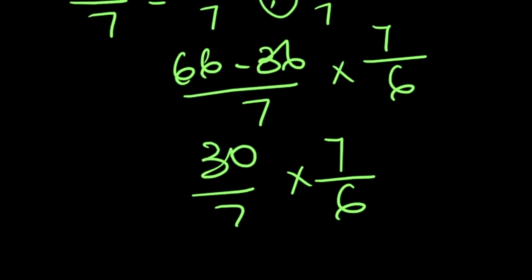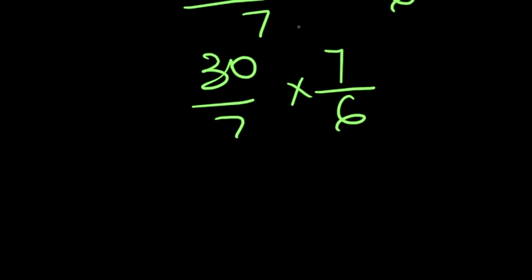Right here we have 30 multiplied by 7, that should give us 240. So on top, we have 240. Let me correct myself, please. 30 times 7 is 210 rather, not 240. So 210 over, and 7 times 6 is 42.